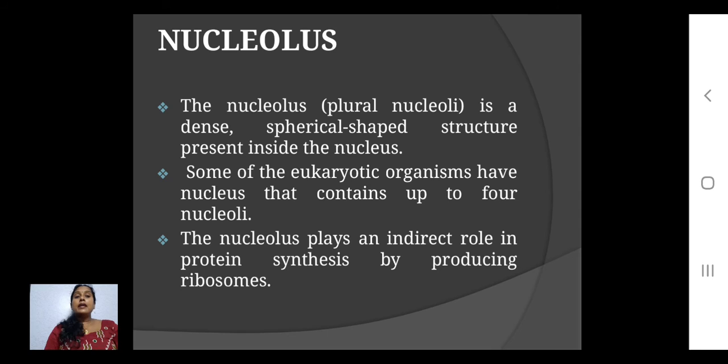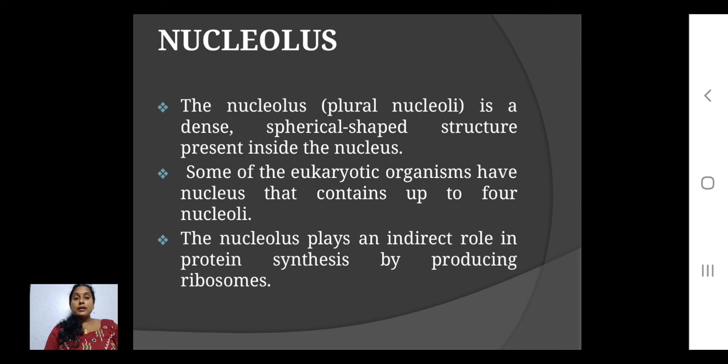The nucleolus also plays an indirect role in protein synthesis by producing ribosomes. So during ribosome synthesis, the nucleolus plays an important role indirectly. Some eukaryotic organisms have a nucleus that contains up to 4 nucleoli.